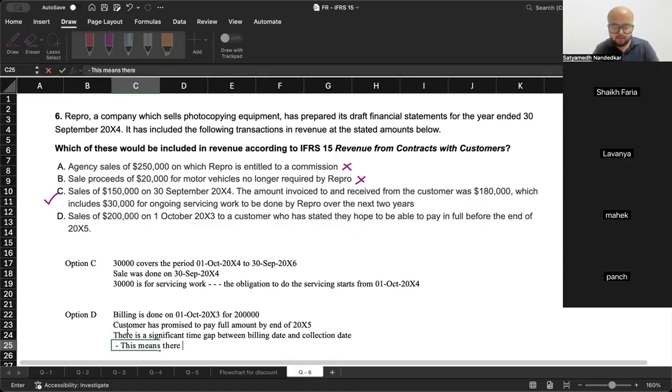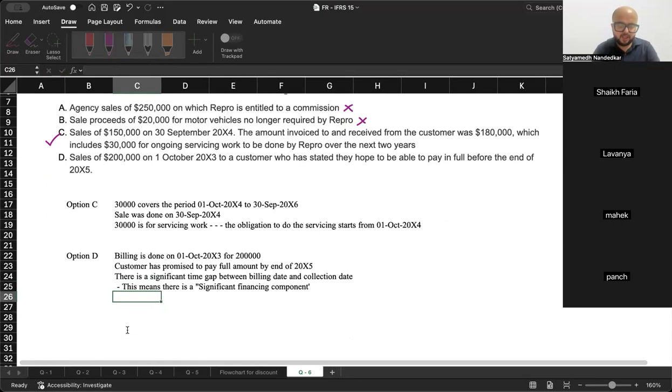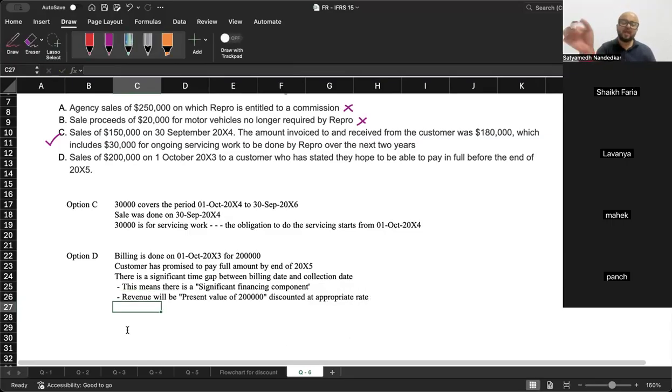This means there is a significant financing component. Okay. And revenue will be the present value of 2 lakh discounted at an appropriate rate. But 2 lakh will not be included in revenue. The present value of that 2 lakh will be included in revenue. So this is also incorrect.